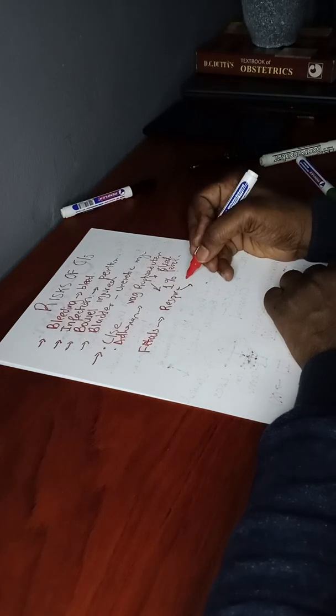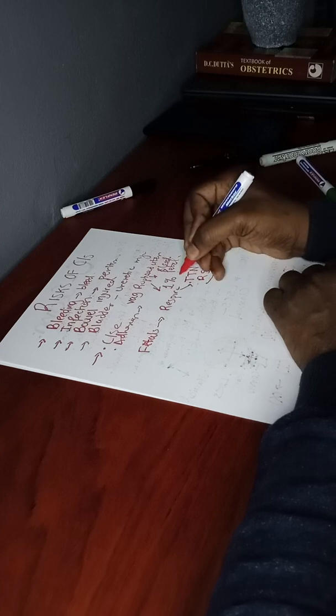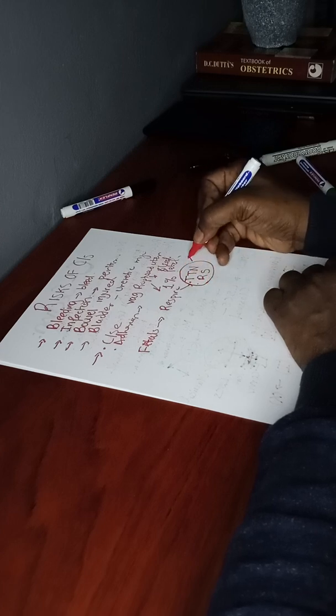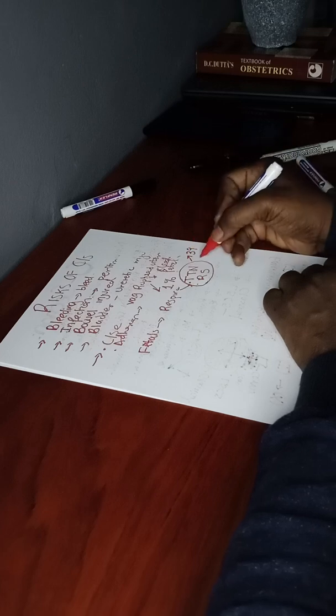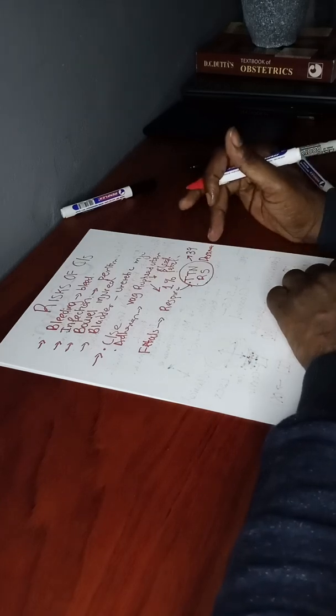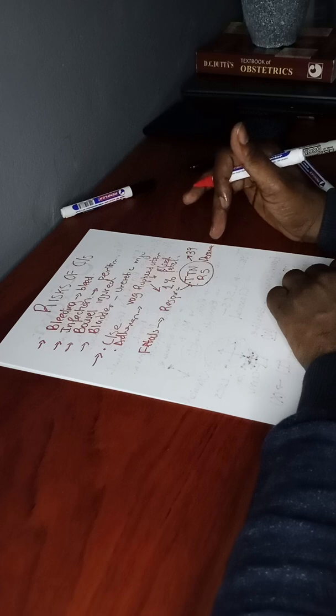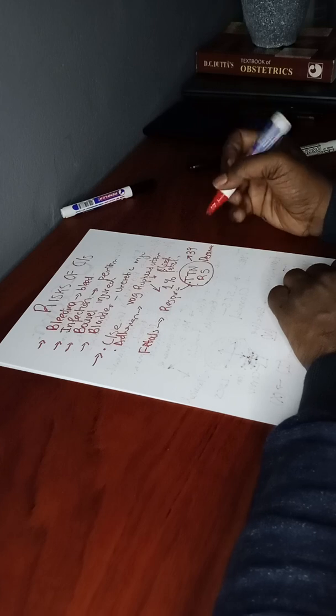They have a high risk of transient tachypnea of the newborn, they have a high risk of respiratory distress. So if we are doing an elective cesarean section at less than 39 weeks, then we would need to give dexamethasone to reduce the risk of transient tachypnea of the newborn.